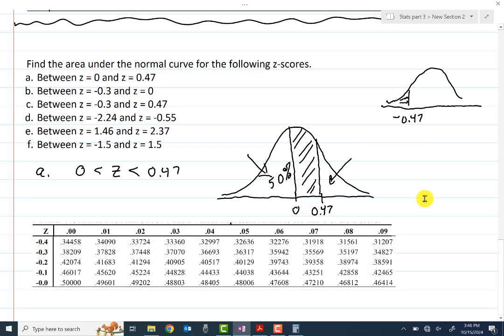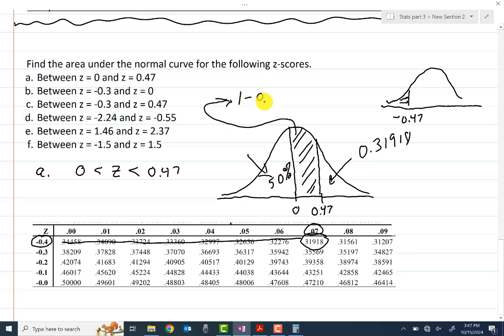Now I have the relevant table data. So I'll start at negative 0.4. There's my 7. I go across to there, and there's our guy there. That looks more reasonable. 0.31918. And then the shading in the middle, I will simply take 1, which is the area under the entire curve. I will subtract off the 50%, that is the right half.